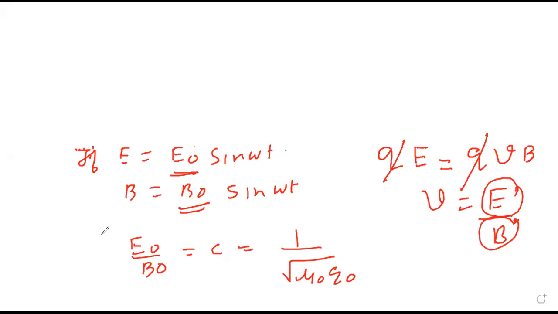So write this formula down in ninth only. If E is this, B is this, then E naught upon B naught is C, which is 1 upon root of mu naught into epsilon naught.